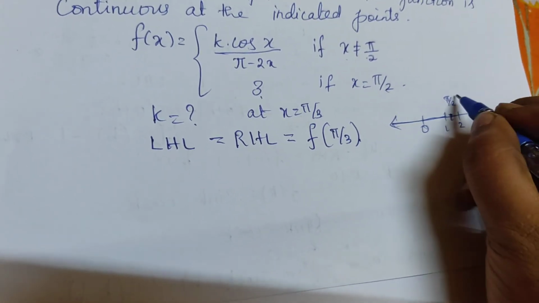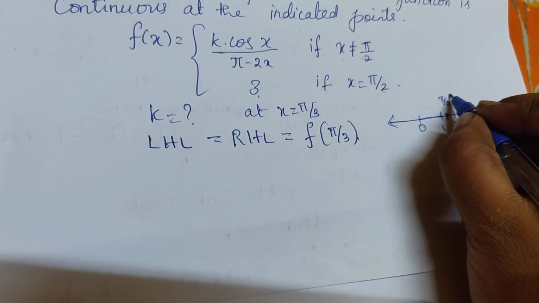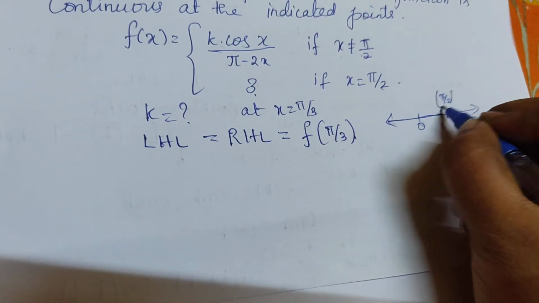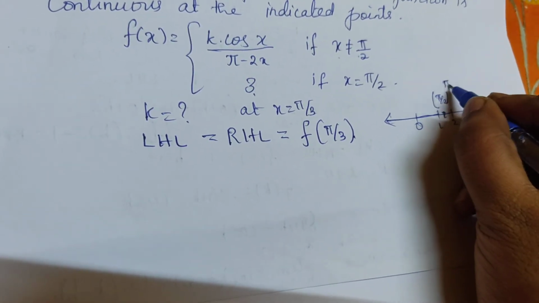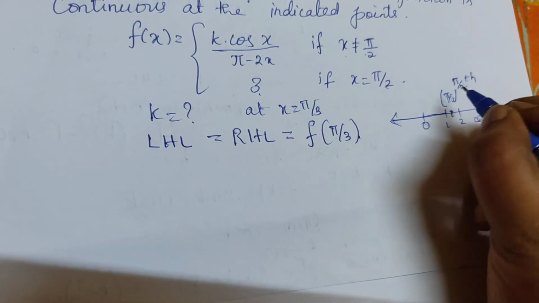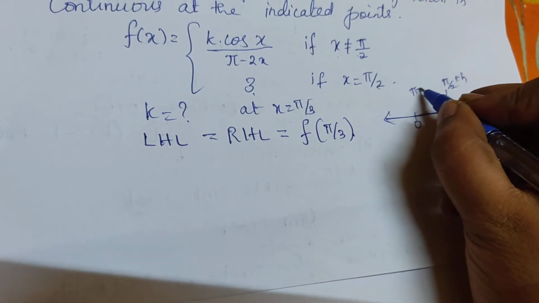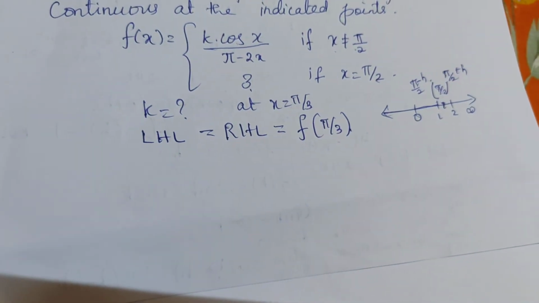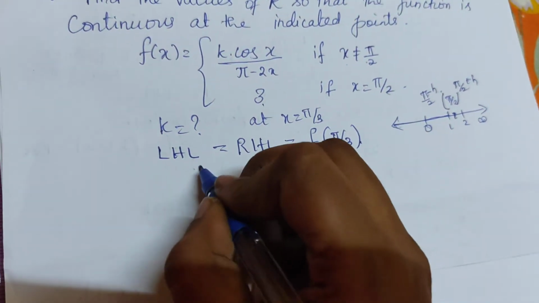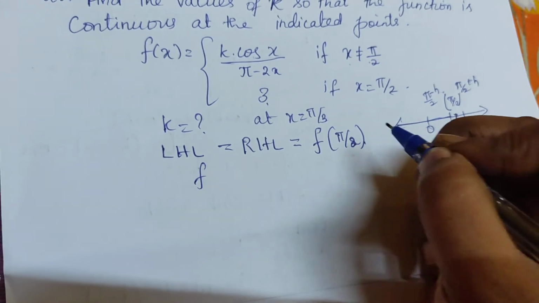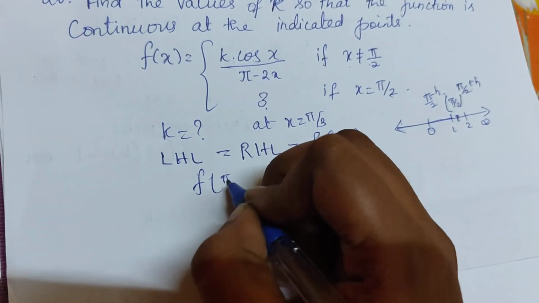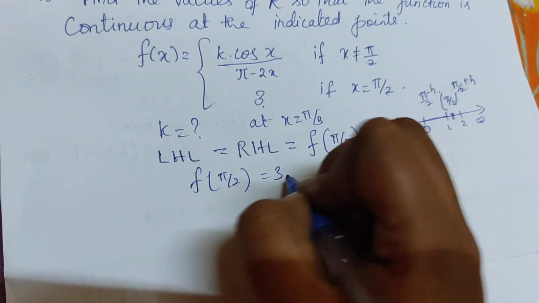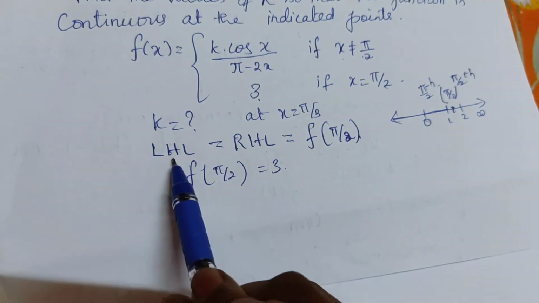For any real number we get a neighborhood: the right hand neighborhood will be pi by 2 plus h, and the left hand neighborhood will be pi by 2 minus h. Now the functional value is 3, so f of pi by 2 is 3.